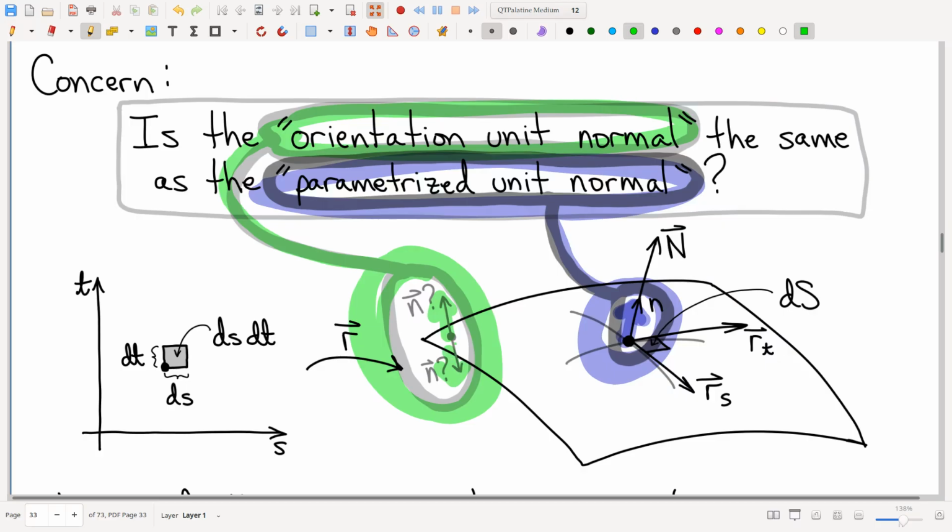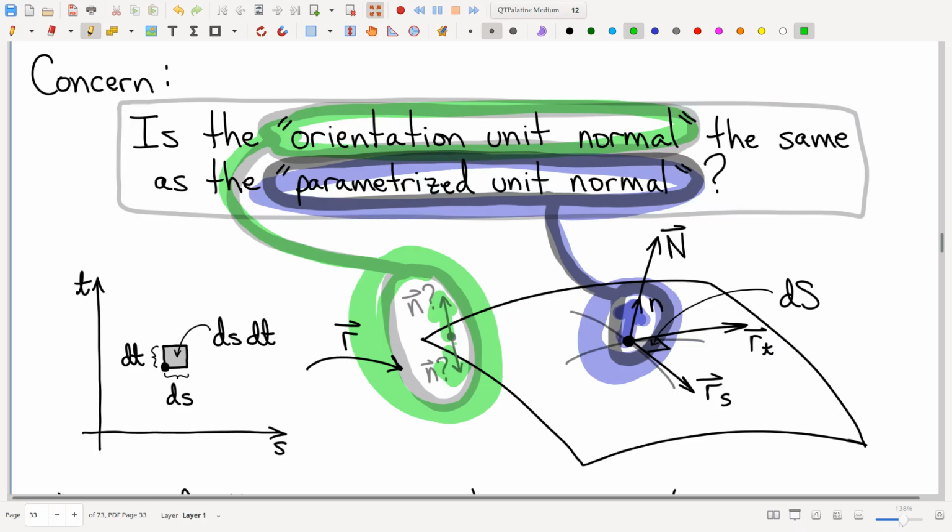Again, keep in mind, if you're going to compute a flux, we need to have an oriented surface. Why would this orientation that followed out of a construction that I made up necessarily be the correct choice, since the given orientation for the surface could go either way? There's no reason to think that we would have guessed right.